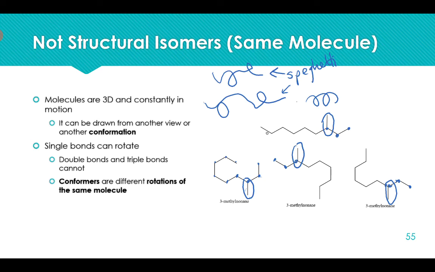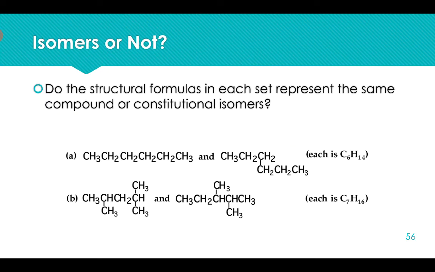It's just how this part of the spaghetti noodle has bent around that makes it look different. But we need to learn to recognize our molecules, whether they're facing up, sideways, down, the other direction, or diagonal. So we gotta recognize our molecules from all different directions because they could be drawn from any direction.